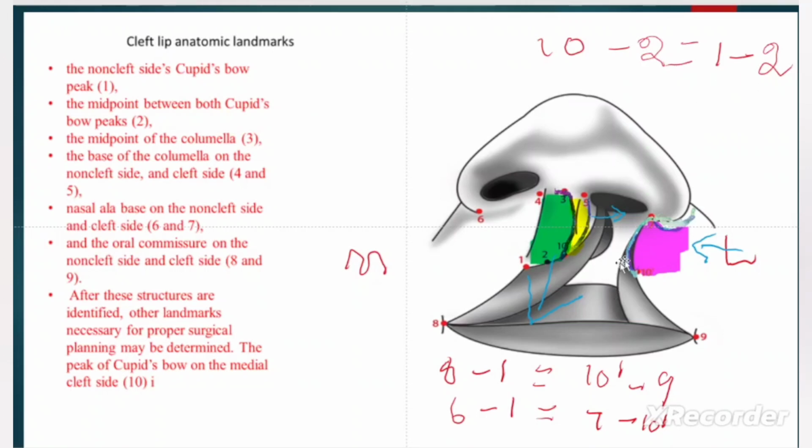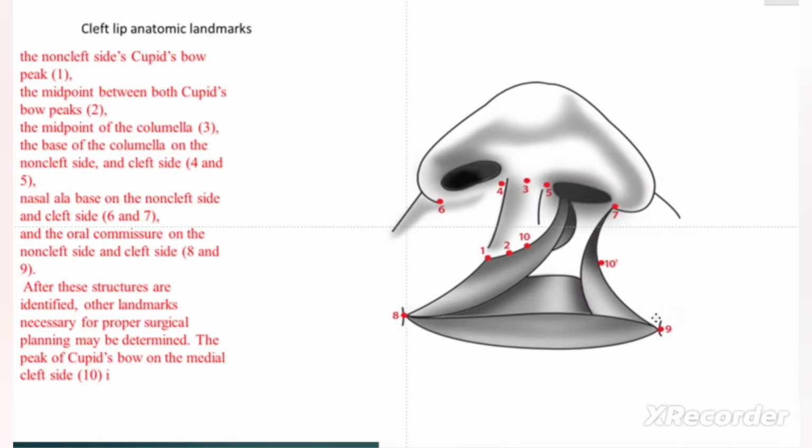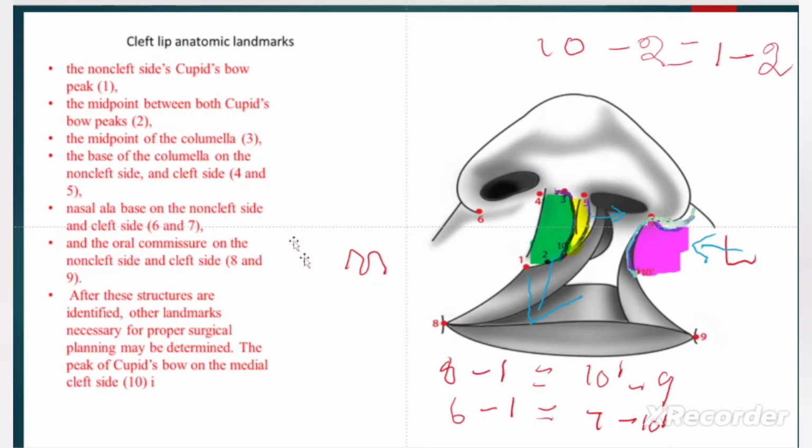For 10 dash, see here, the normal side commissure is 8 and the normal side Cupid's bow peak is 1. The distance between the normal side Cupid's bow peak and the normal side commissure is equal to the distance on the cleft side, from the future Cupid's bow peak to the commissure. 9 to 10 dash is equal to 8 to 1.